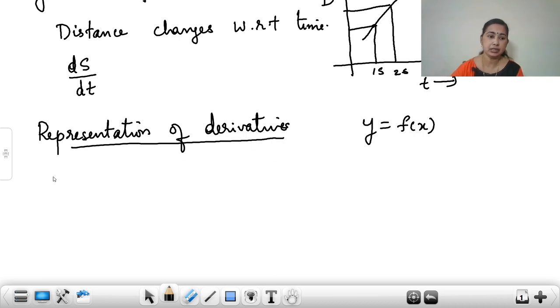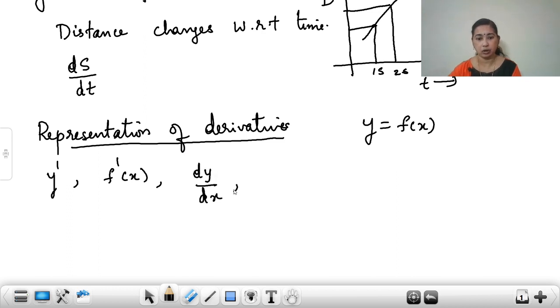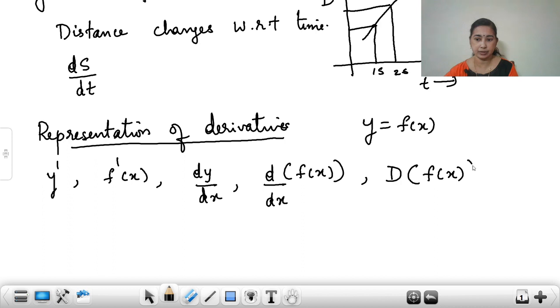So we can represent the derivative either as y dash, or as f dash x, which is also a derivative, or as dy by dx, or as d by dx of f of x, or d of f of x. These are all ways we can represent the derivative.